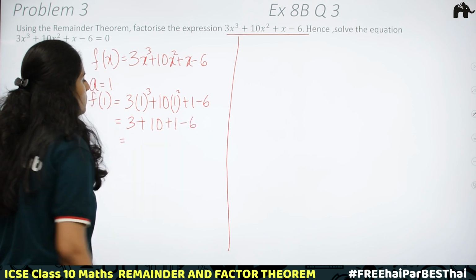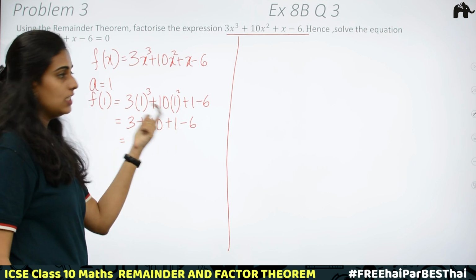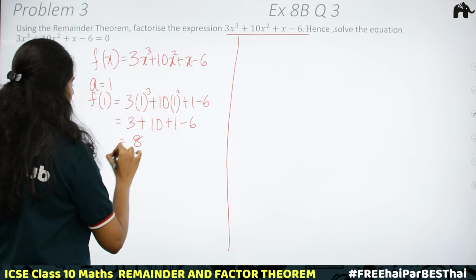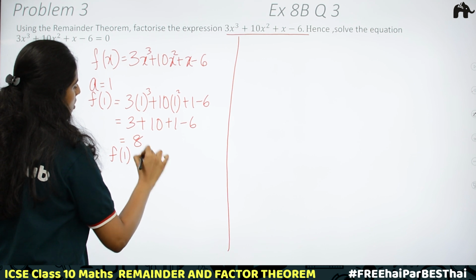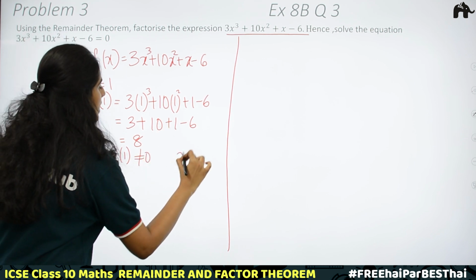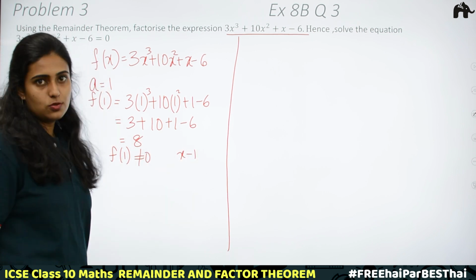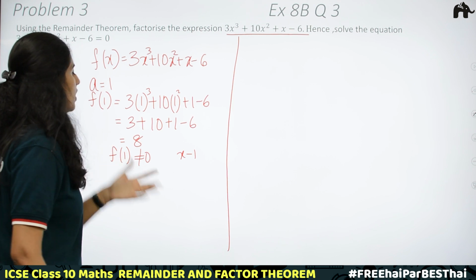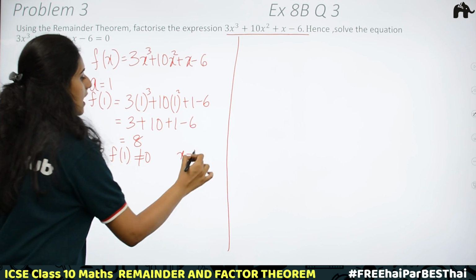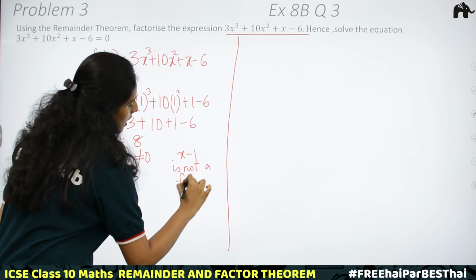That is equal to 10 plus 3, 13, 13 plus 1, 14, 14 minus 6 is equal to 8. Therefore, f of 1 is not equal to 0. We cannot take x minus 1 as a factor. If a is equal to 1, we get f of 1 not equal to 0, which means x minus 1 is not a factor.